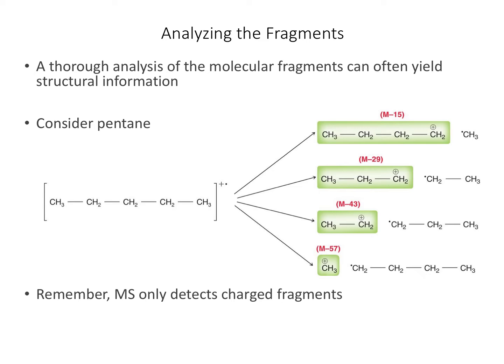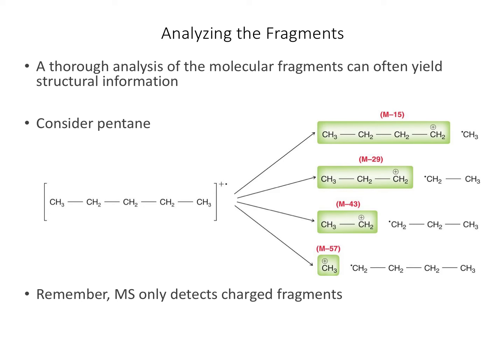We can also get structural information about our molecule by analyzing the molecular fragments. Often, rather than looking at the mass of the fragments themselves, we look at the difference between the mass of the fragments and the mass of the parent ion. The notation we often use is M minus whatever, where this 15 is the difference between the mass of the parent ion peak and the mass of the fragment.